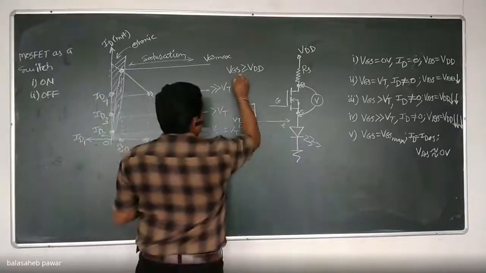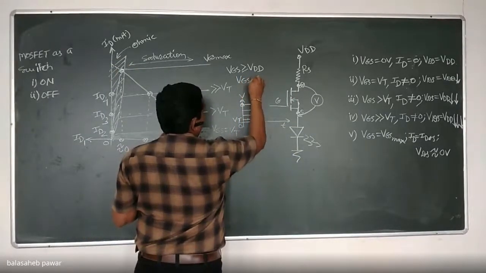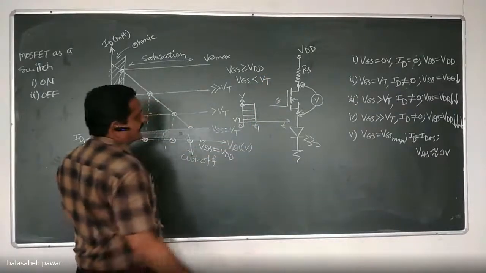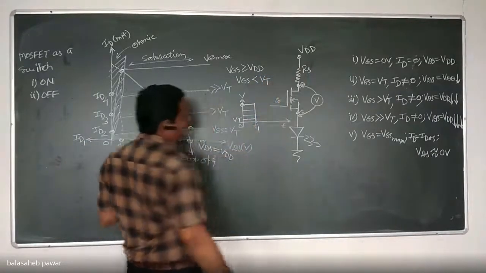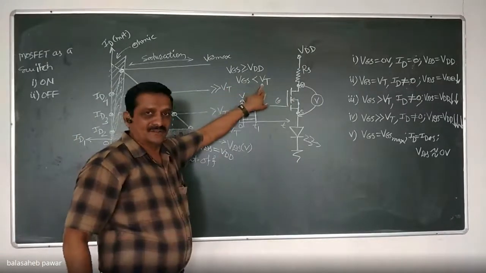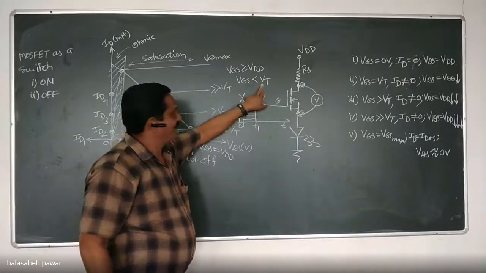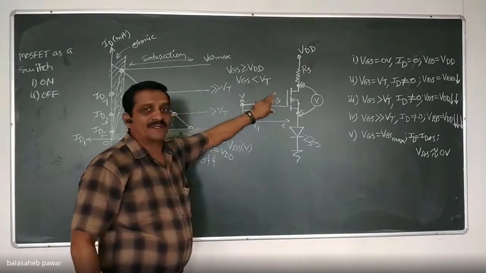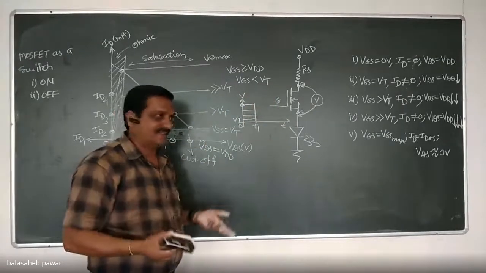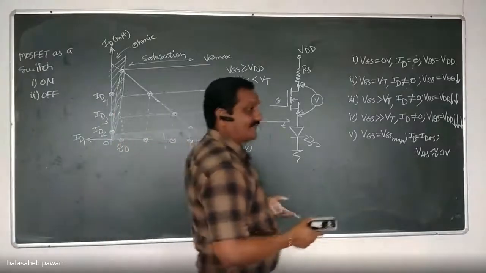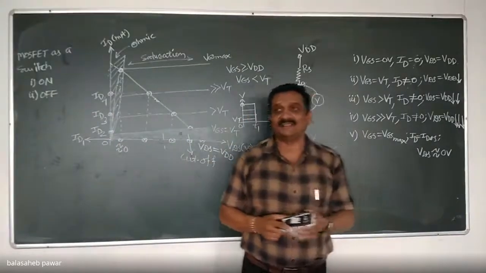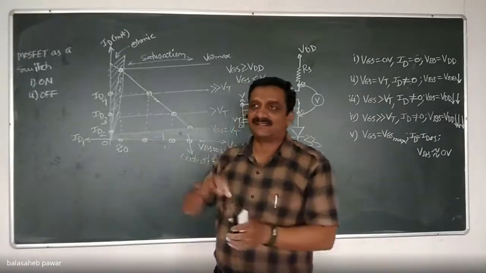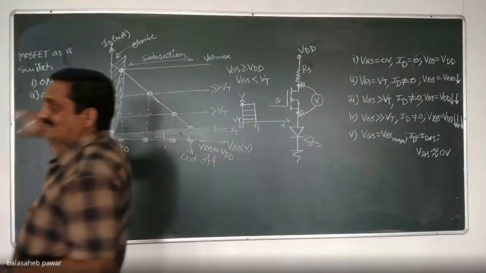And when VGS is less than VT or equal to 0, the transistor will operate in the cutoff region. So simple. And whenever VGS is greater than VT and less than VGS max, that transistor will work in its saturation region.